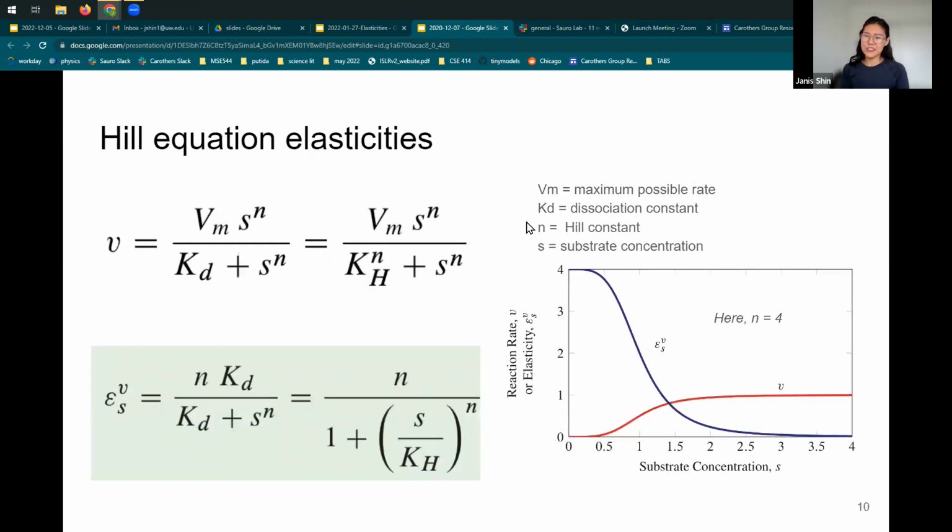So here's another example for finding elasticities for another rate law. This is the Hill equation, and the Hill equation is useful for determining the degree of cooperativity of ligand binding to enzymes or receptors. Cooperative binding refers to when the binding of a ligand to a protein is enhanced if there are already ligands present on the same protein.